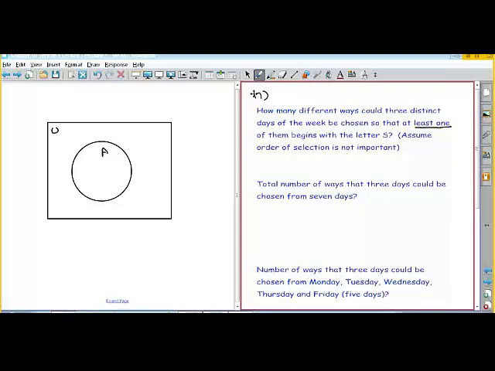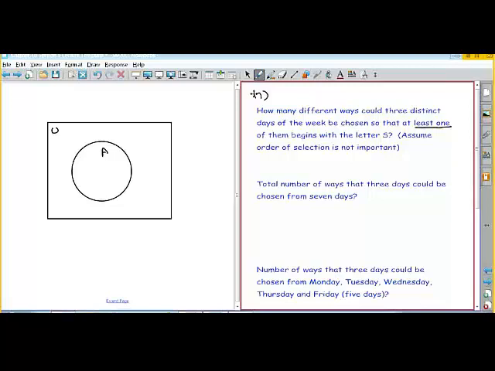So if order is not important, is that going to be a combination or a permutation? Combination. Order is not important for combinations. So what you have to do is think about, well, is there any way I can answer this problem without having to answer the original problem, at least?